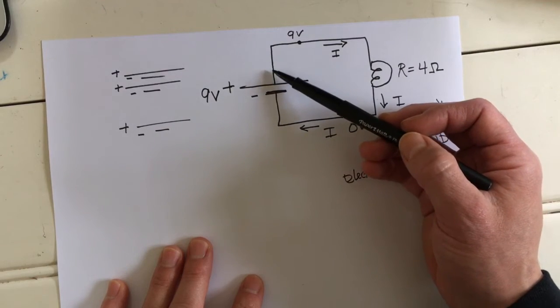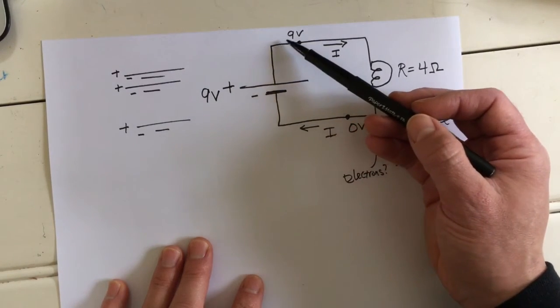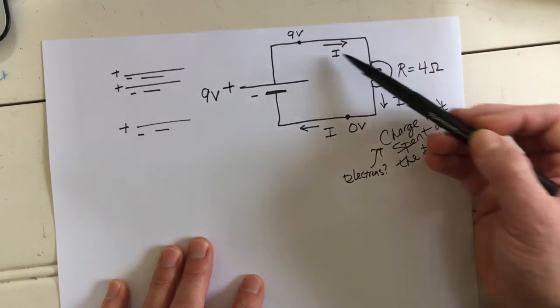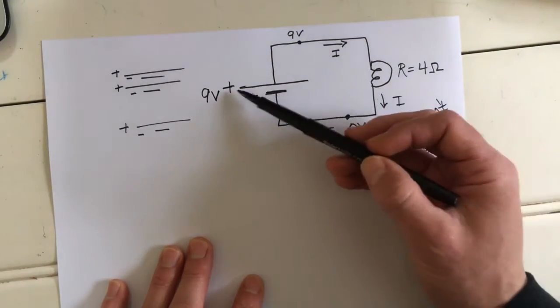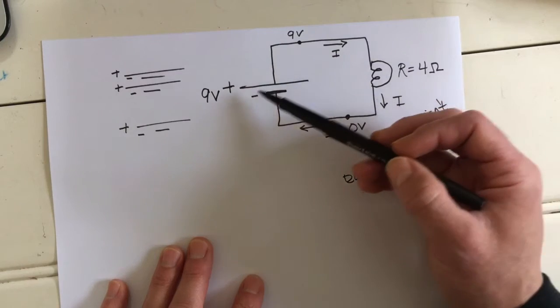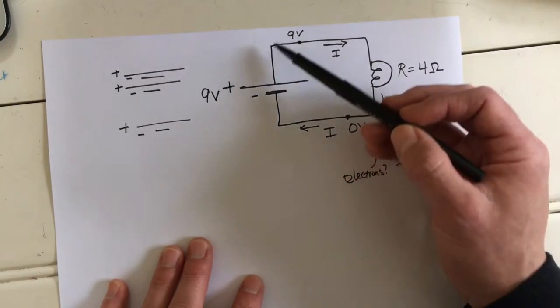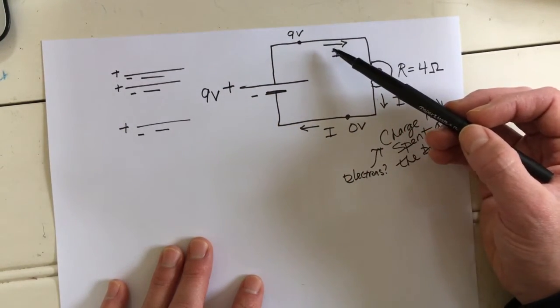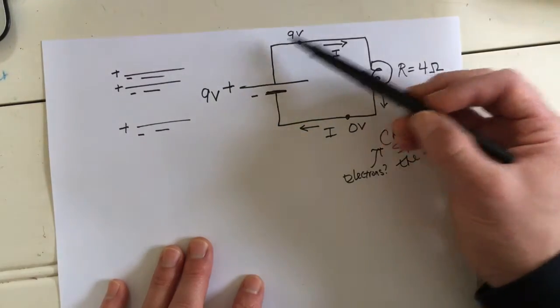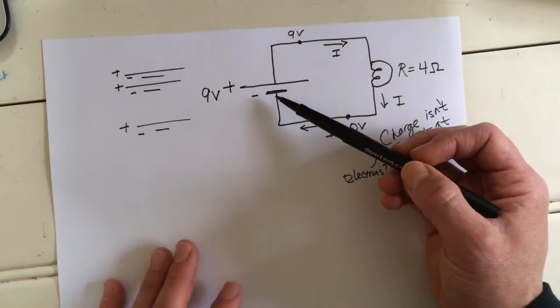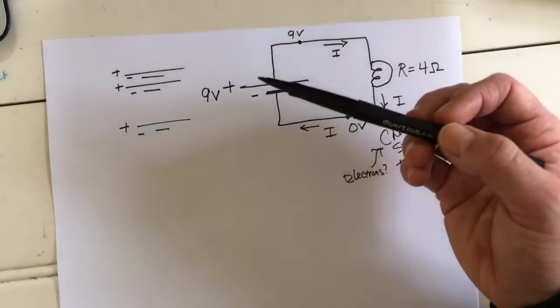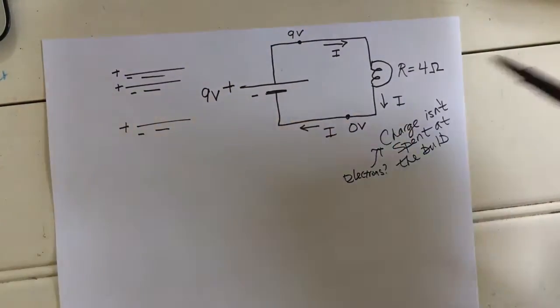And these charges have electric potential energy, which turns into kinetic energy as it falls, and being lifted up here to create the electric potential energy, and then electric potential energy being turned into kinetic, turned into thermal, turned into chemical, turned into electric potential energy, and so on.